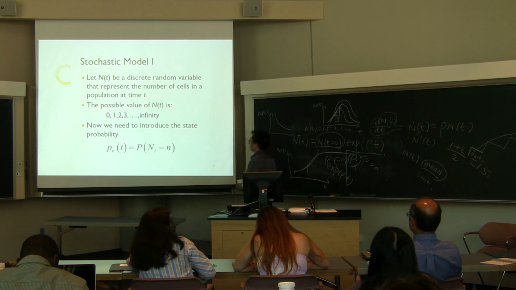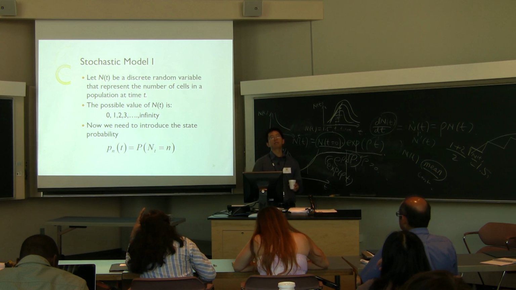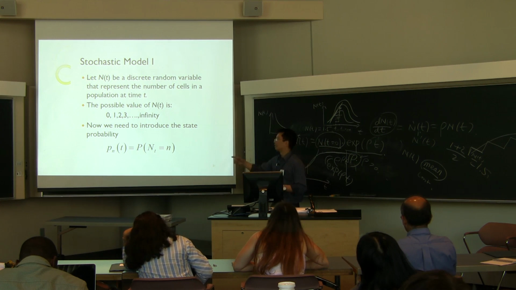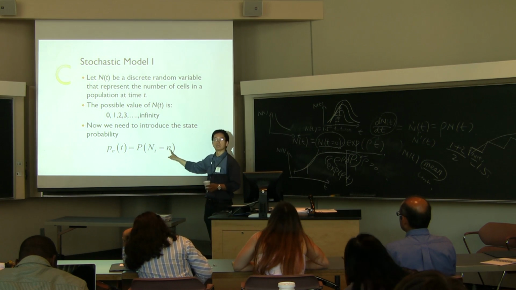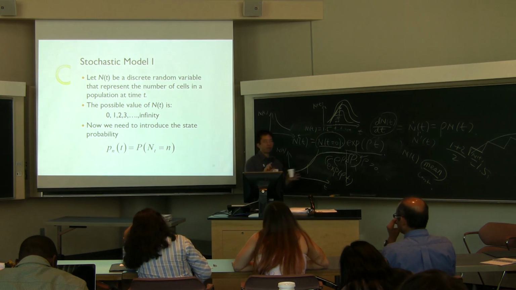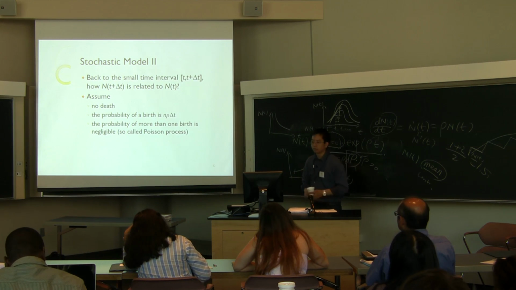The model is based on probability. For example, at time t, what's the probability that the population is 1, is 2, is 3, is 4?